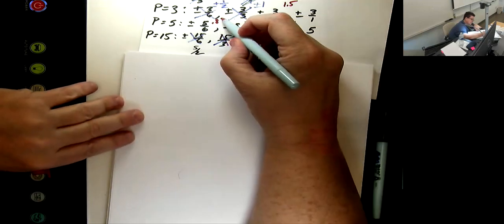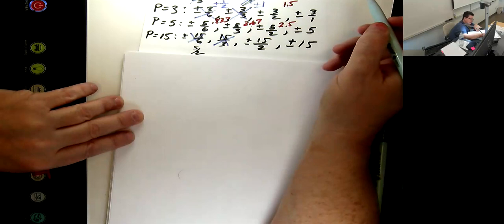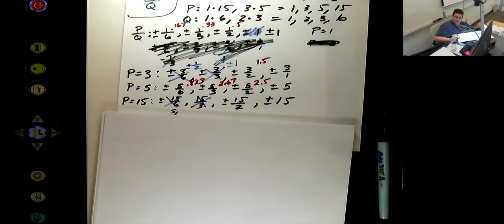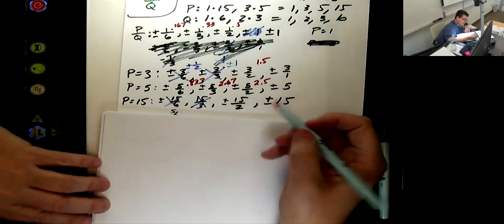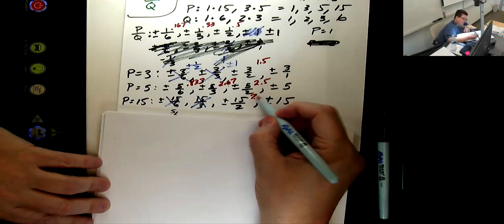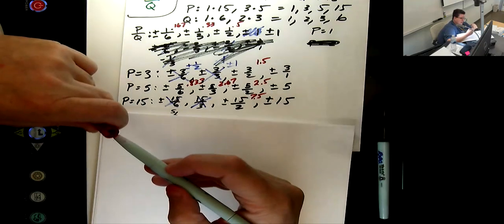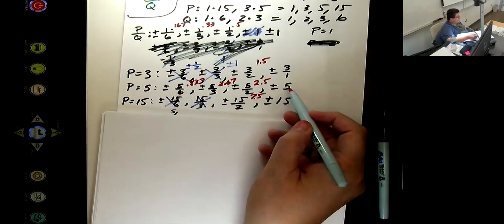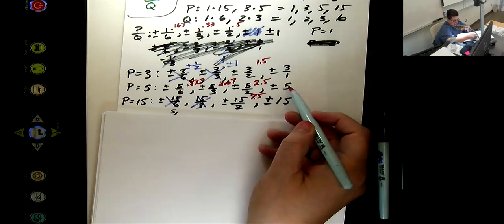That's 0.833. 1/6 is 0.167. That's 0.33. 0.5 for that. And 15/2 is 7.5. You got something 15/3. Yeah, because it's the 5 here. If you do 15 divided by 3, it's 5. So we already got that on the list.